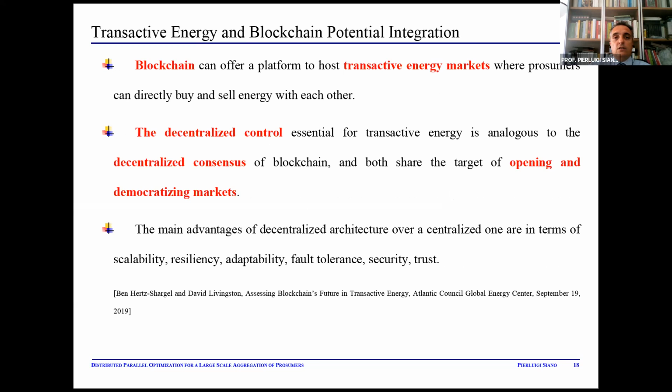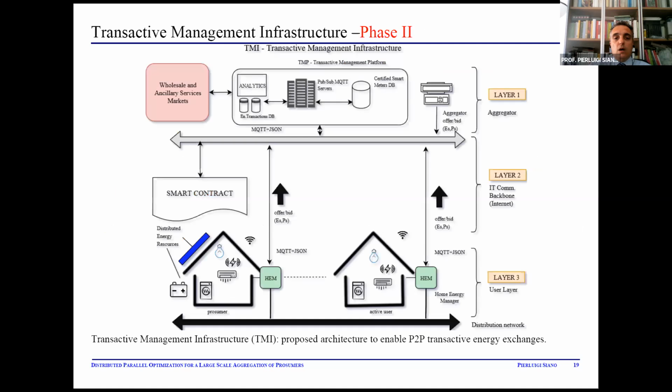There are some advantages related to a decentralized architecture, including scalability, resiliency, adaptability, fault tolerance, security, and trust if compared to a centralized one. In this slide, we can see the implemented infrastructure where we have three layers. These are the data center layer owned by, for example, the aggregator.